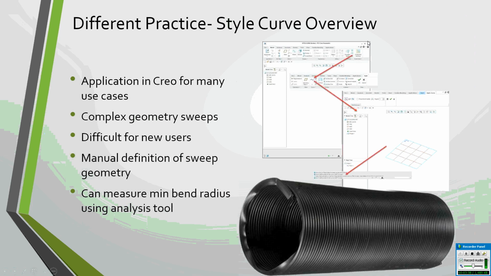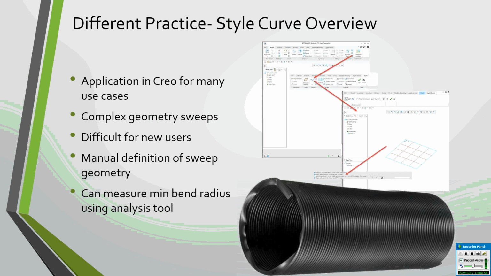Okay, so what we did before Creo Piping was what's called the style curve. Basically the style curve is a tool that you would use like a datum curve, much more manipulative. You can do complex geometry sweeps, which you can't do with Creo Piping.